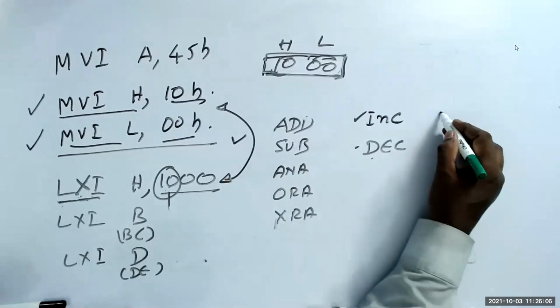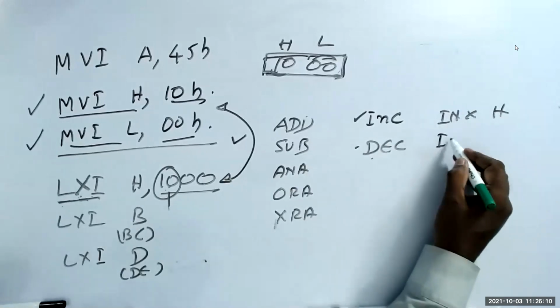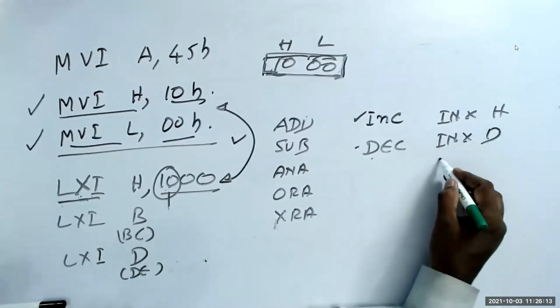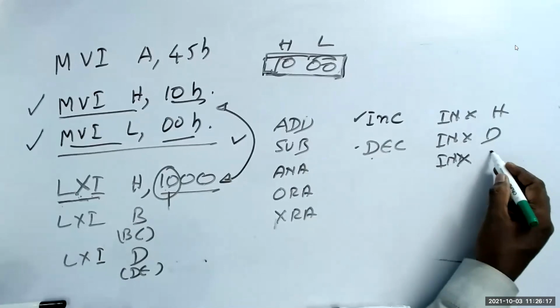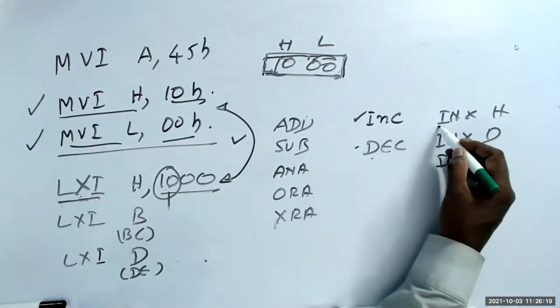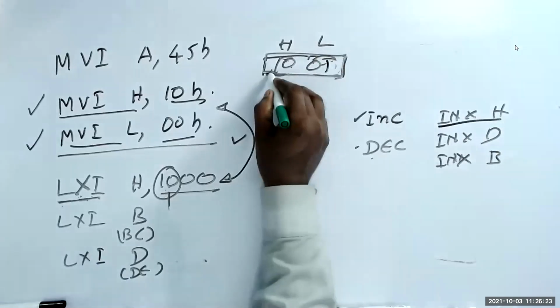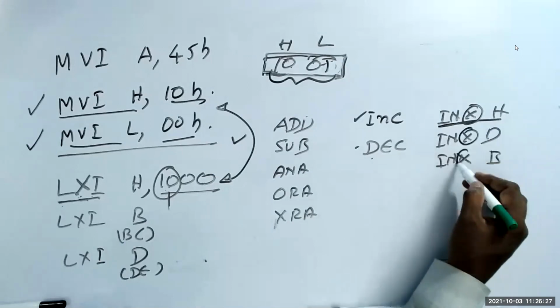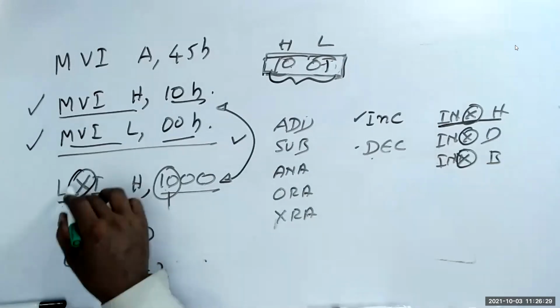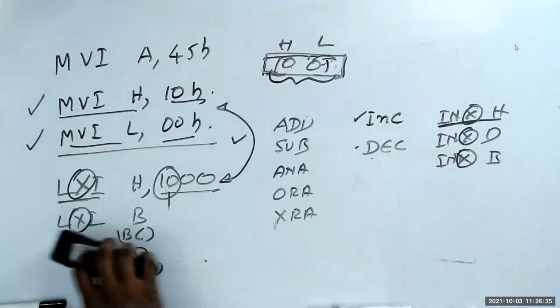They have INX H, INX D, INX B. That means if I say INX H, they will increment the 1001 together. INX X means extended. All X represents extended. Okay. Like this, there are a few instructions.